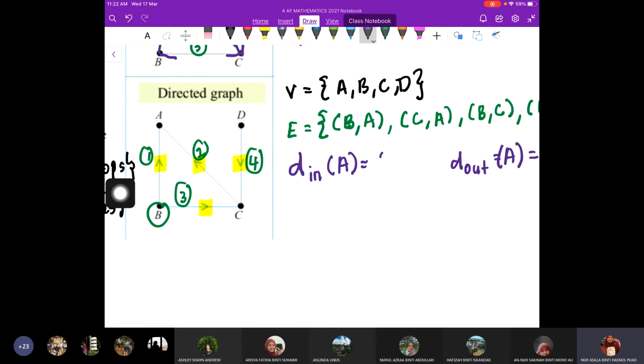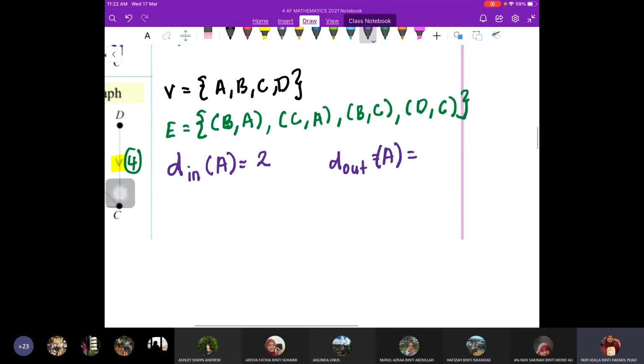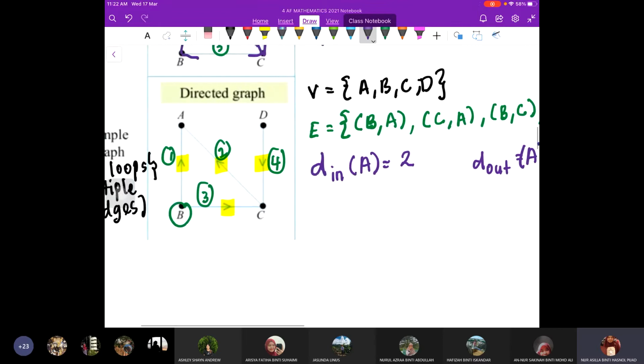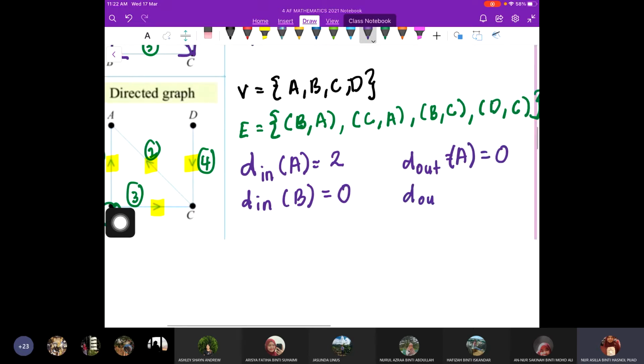So in akan ada 2. Out will be 0. Okay, understand? Lepas tu D in untuk B. If you see B, ada yang masuk, tidak ada. Dua-dua keluar. So in is 0. D out for B is 2.